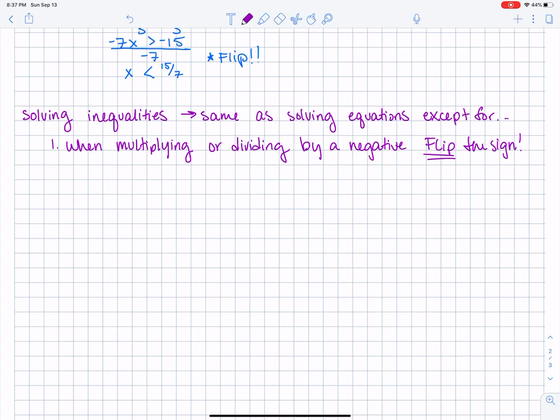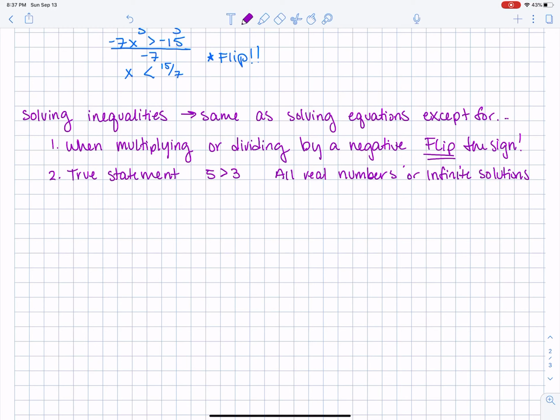Now, the other thing is that, and these are kind of the same idea, when you end up with a true statement, and a true statement looks something like 5 is greater than 3. That's true. This really means all real numbers, or what we've been calling infinite solutions.